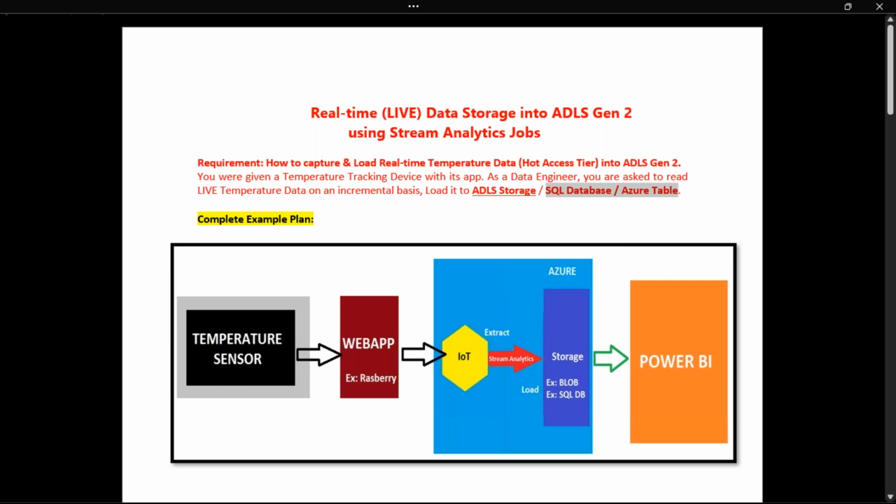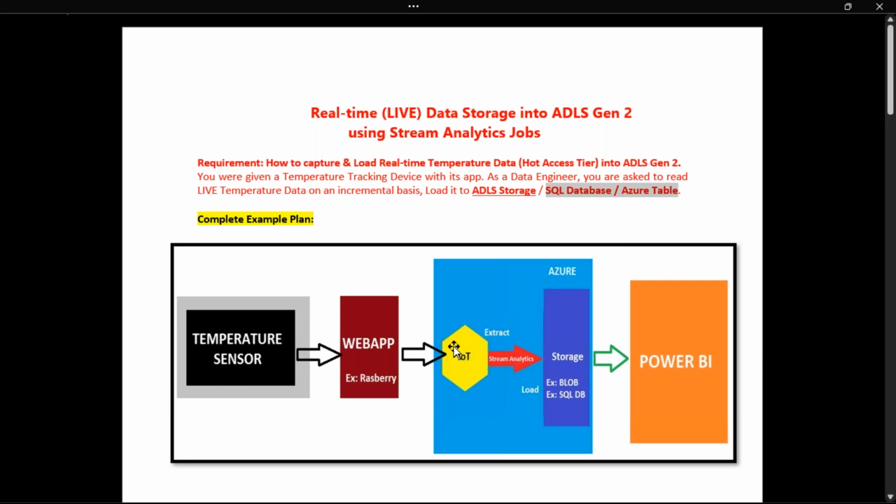First, our Azure account is already there, right? We are going to reuse the existing Azure account, or you may create a new account. And let's create one IoT resource also. One more. For incremental loads, we need stream analytics.